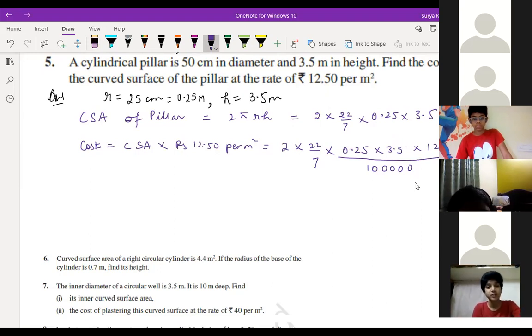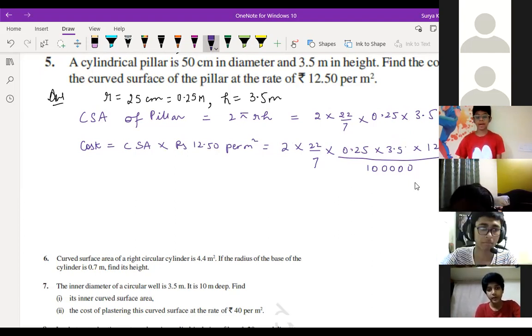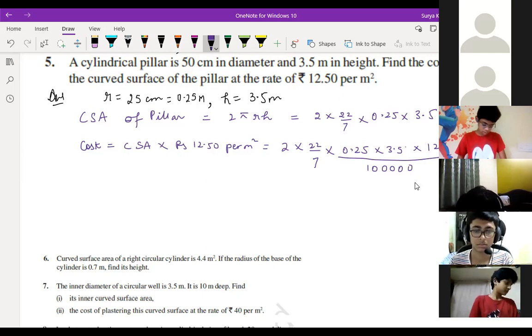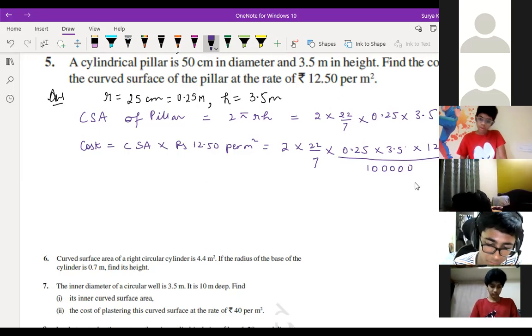Sir, in the place of CSA, we can write 11 by 2. How can we write 11 by 2? Sir, from 11 by 2 per meter square, we are getting 12.5, right, sir? No, 11 by 2, how are we getting that? I'm not understanding. It's not given in the question. How are we solving that?